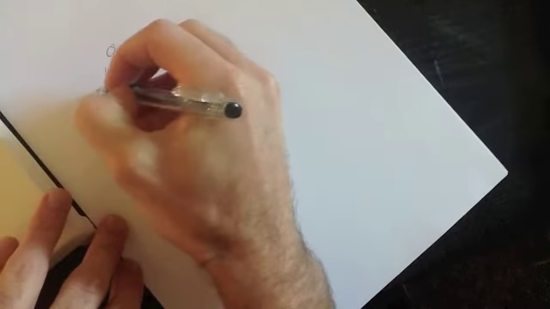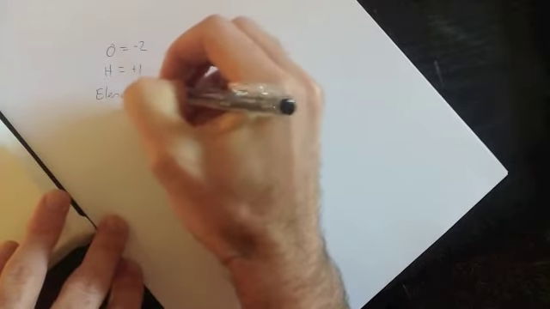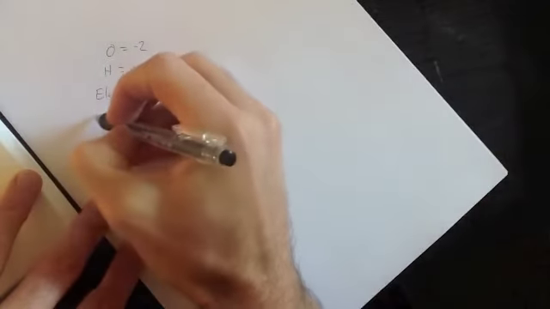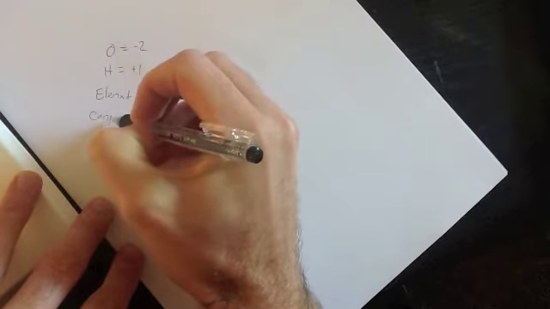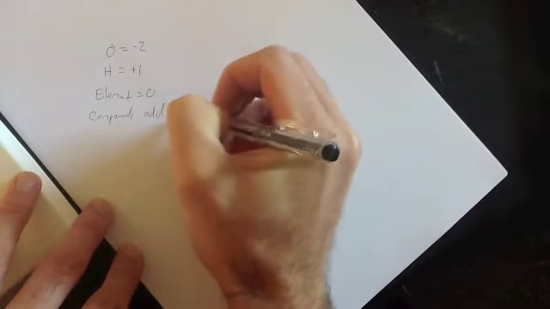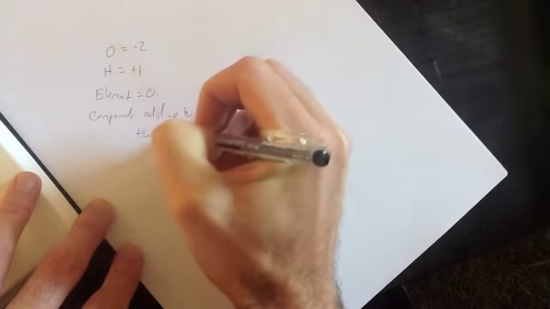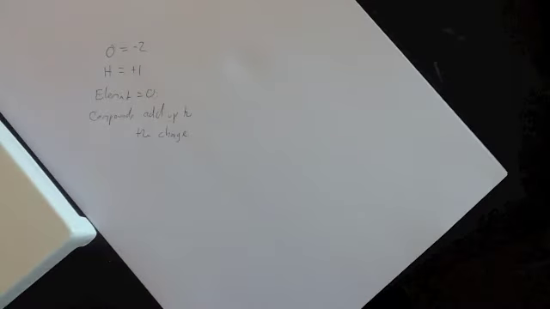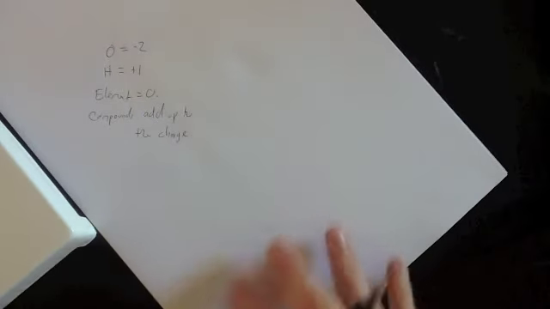If you have an element on its own, it will have an oxidation number of 0, and the oxidation numbers in compounds always add up to the charge on that compound. And I'll give you a couple of examples on how this actually works now.